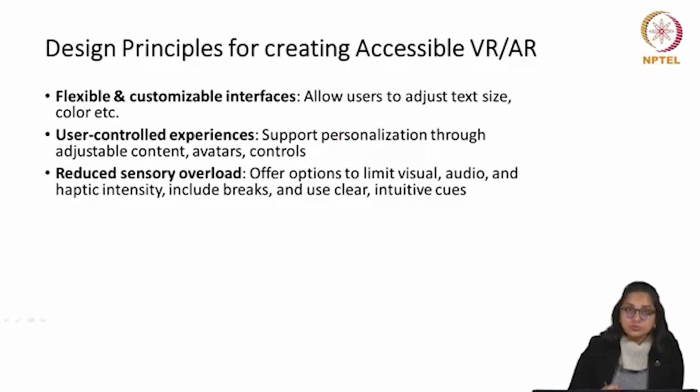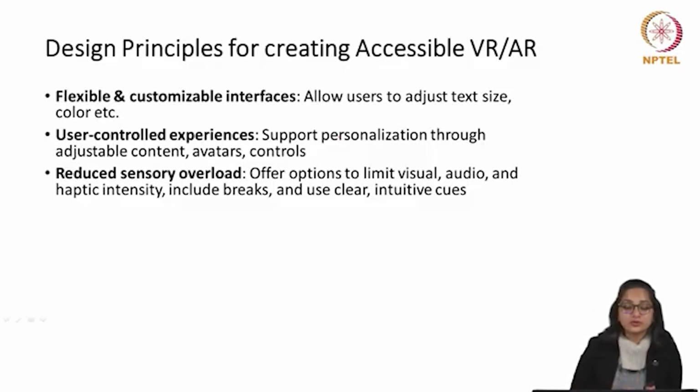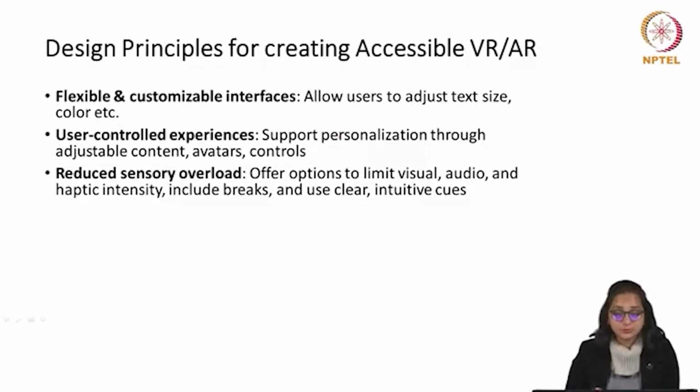Try to reduce sensory overload, and offer options to limit visual, audio and haptic intensity. If I want to see only a few buttons at a time, it should be possible. Include breaks. The duration and the frequency of breaks should also be customizable. And use clear and intuitive cues.